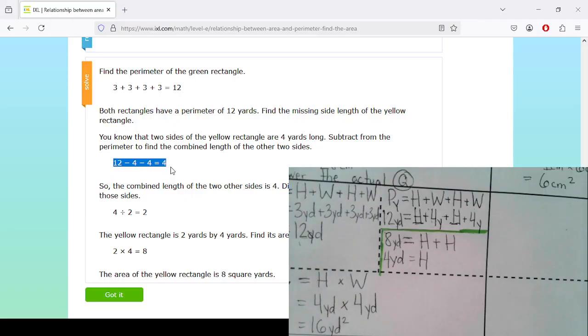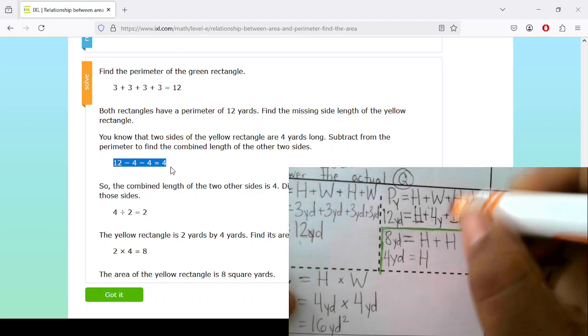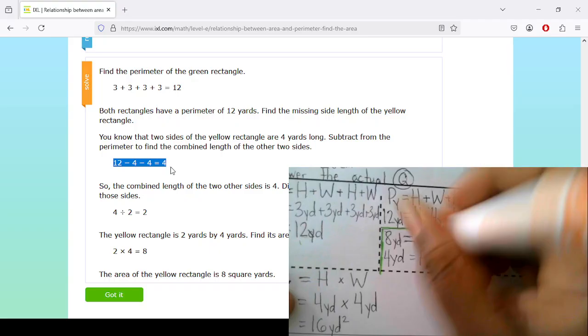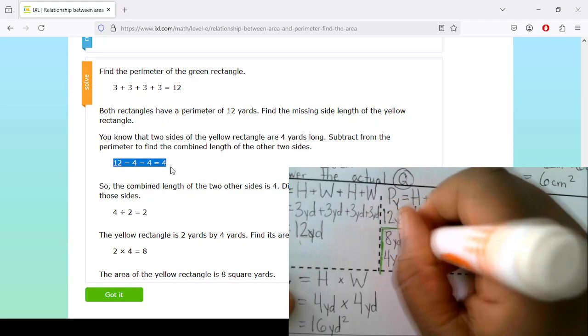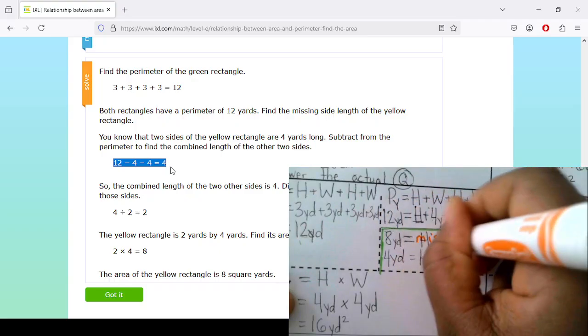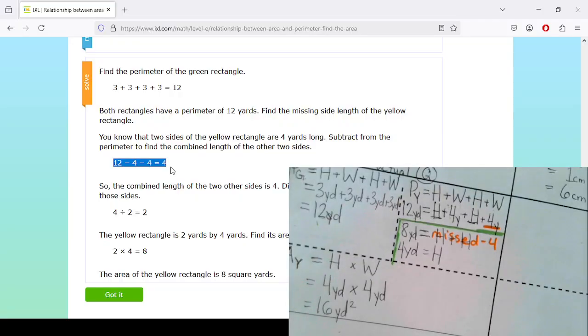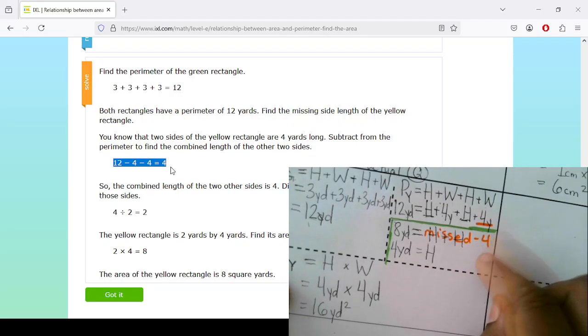I understood what to do, but I did make a mistake. I'm only human, and that is a calculation error. So I'm going to write in missed minus 4. So I missed subtracting 4. That's what went wrong.